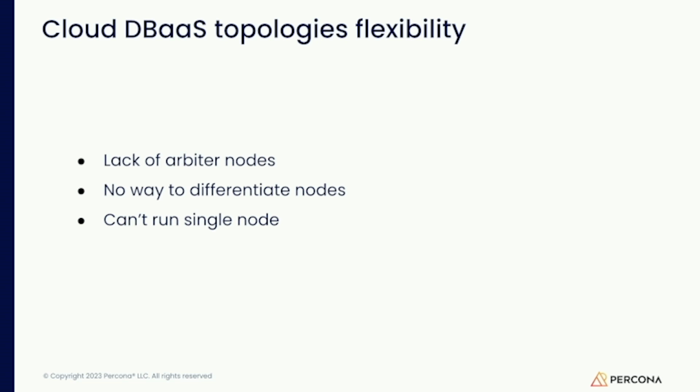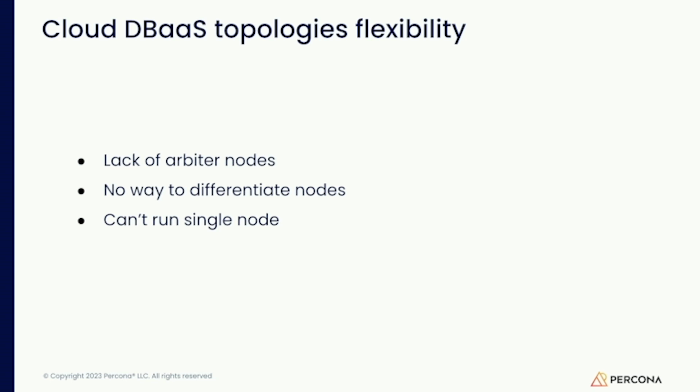And then also still talking about cloud database as a service, once you have everything prepared for you in terms of topologies, you can't really utilize different ways to reduce the resources that you need. So for example, you cannot differentiate the nodes that you have in a cluster. Once you decide on 64 CPUs, it goes all the way across all the shards, across all the nodes.